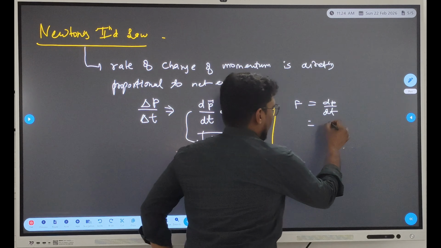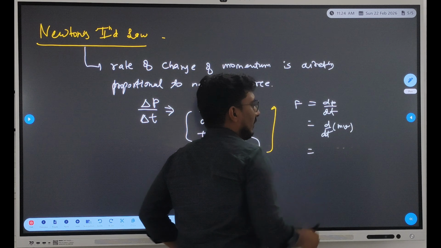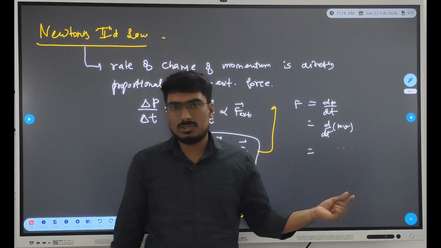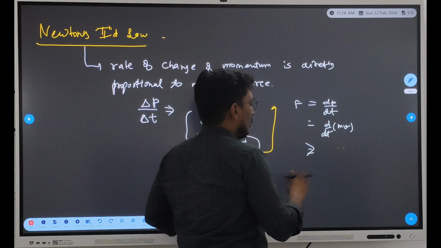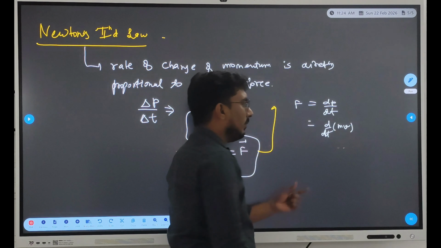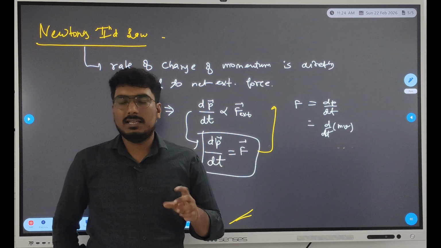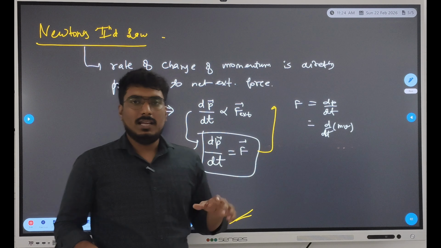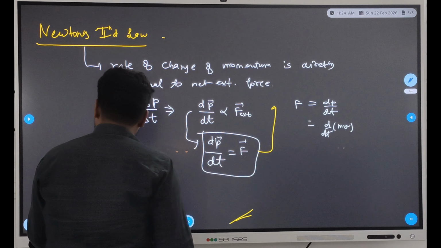So d over dt of mv. Now if we consider mass as a constant term, we have two cases. In most cases our velocity is going to change, not mass, because a body's mass can't change suddenly. In one case, let's say the rocket case, the velocity and mass both will be changing. I'll tell you here.